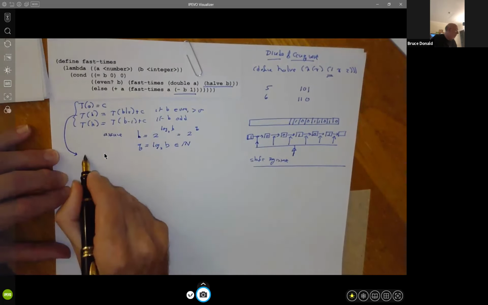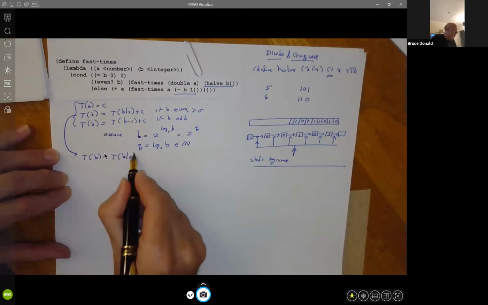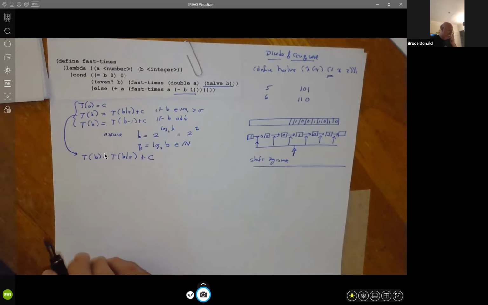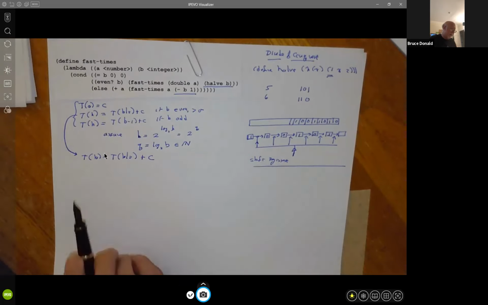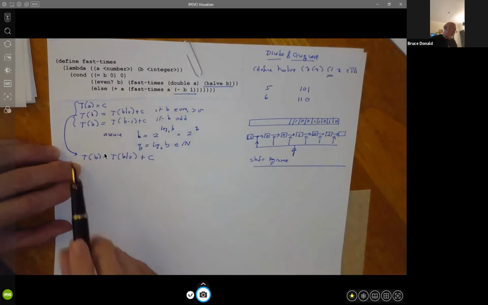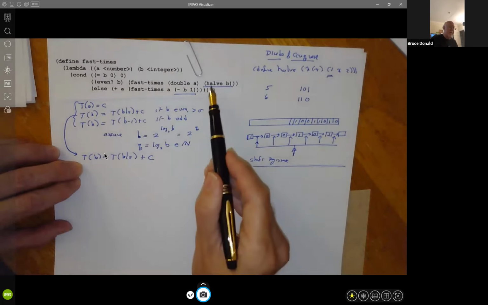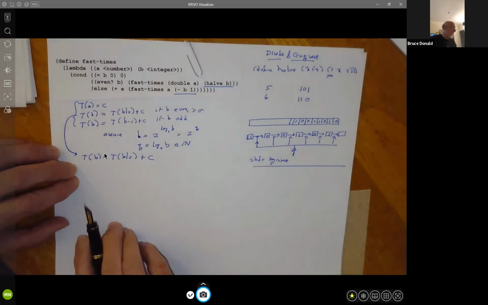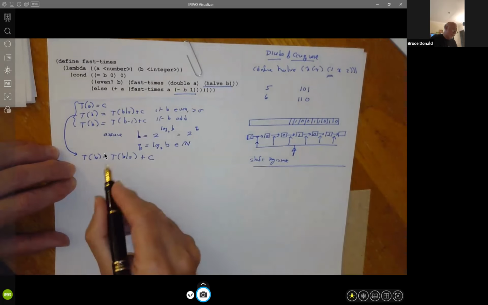So t of b is going to be equal to t of b divided by 2 plus c. And that's exactly what the last question, I think that Carolina asked, was. Basically, in order to figure out the complexity, we're going to call ourselves on something half the size. We have to do constant work to set it up, do the call, and receive the value. Let's do one more step.